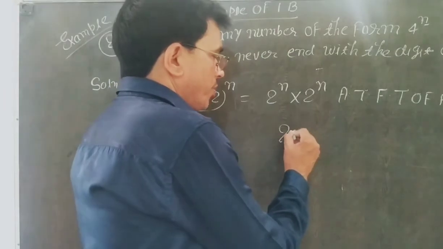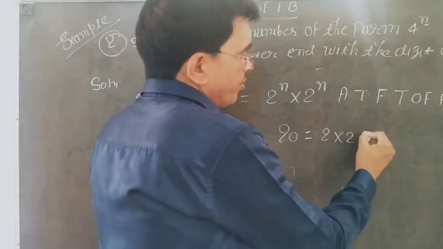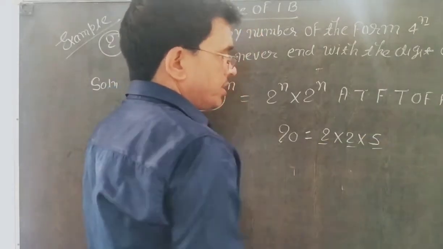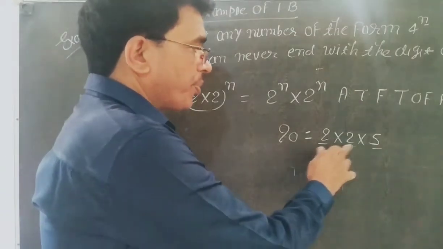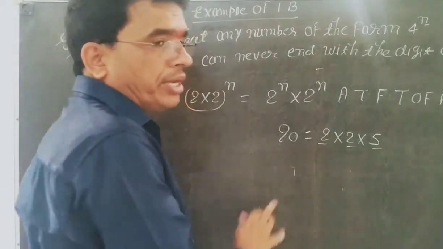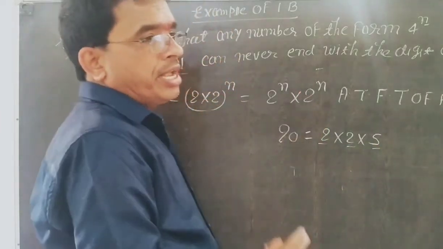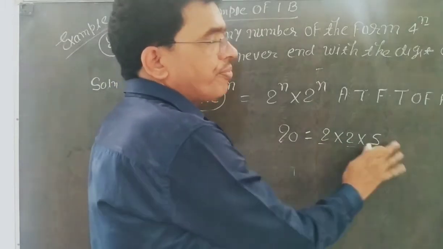That means 20 is a composite number, and we can write 2 into 2 into 5. That means all the numbers are prime, and it is expressed as a product of primes, and it is unique. That means no number other than this. When you factorize 20, then you only get 2 and 5.